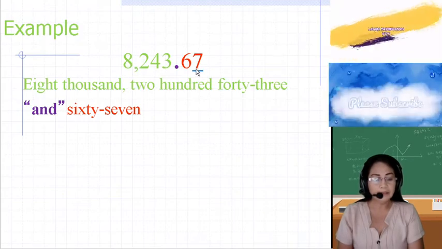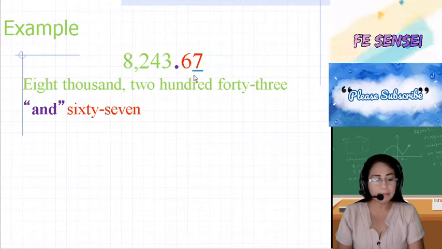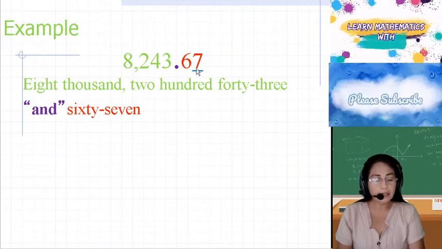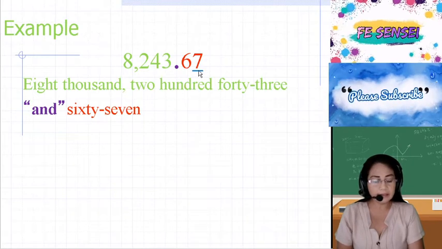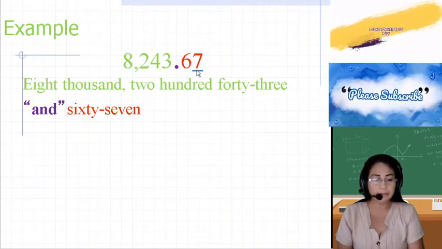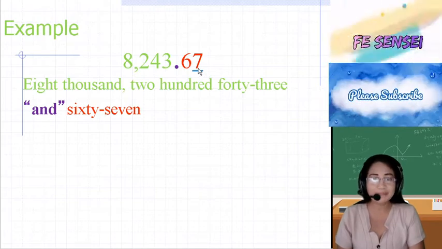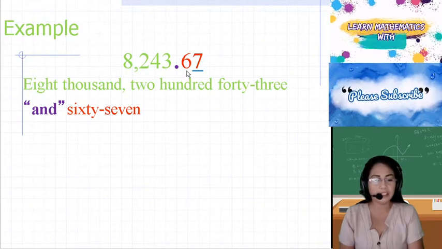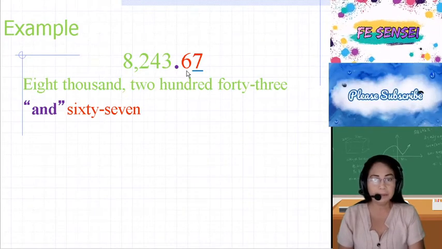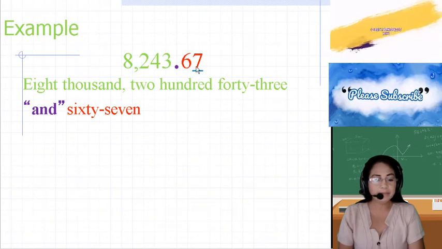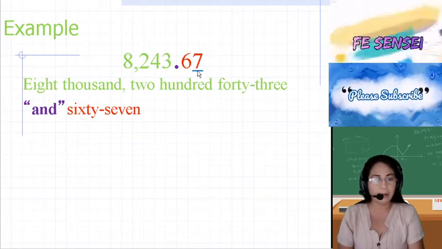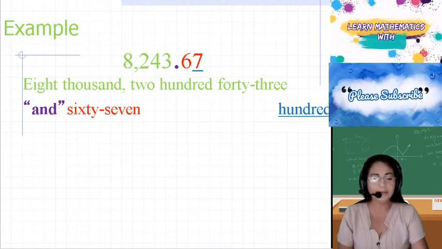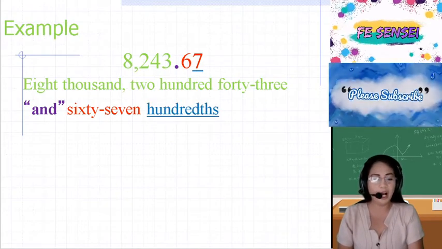Then, in what place value does it end? This is 7. What is the place value of 7? The first number after the decimal point is in the tenths place, and the second number after the decimal point is in the hundredths place. Therefore, that's it, hundredths.